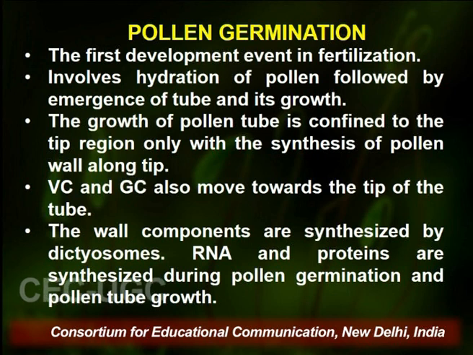In preparing for fertilization, the pollen has to put forth a pollen tube which will carry the male germ unit, which includes both the sperm cells and the vegetative nucleus. Pollen germination involves hydration of pollen followed by emergence of the tube and its growth.